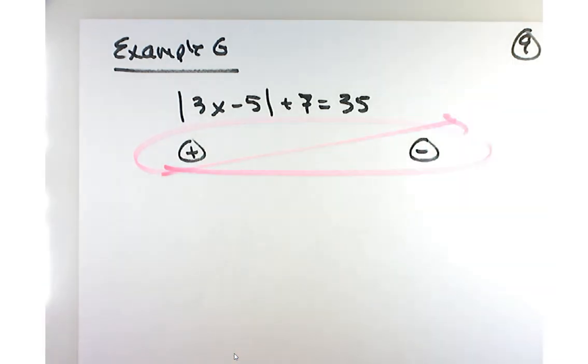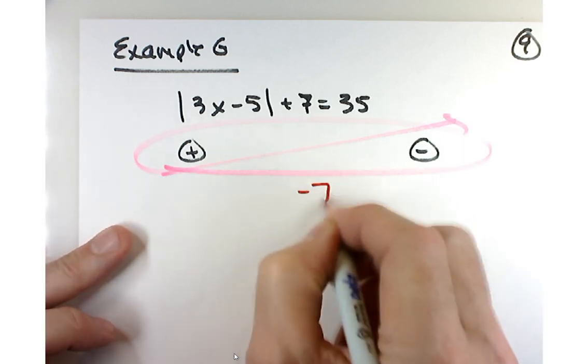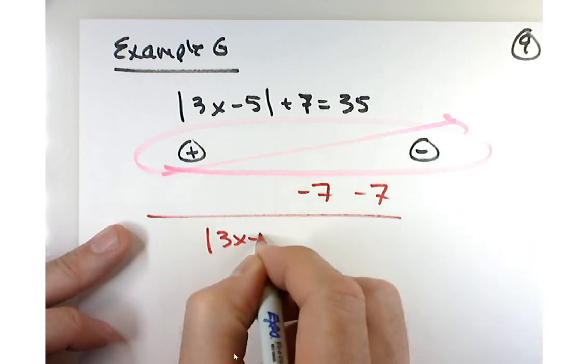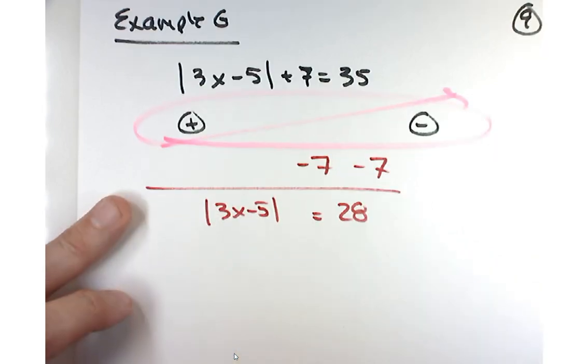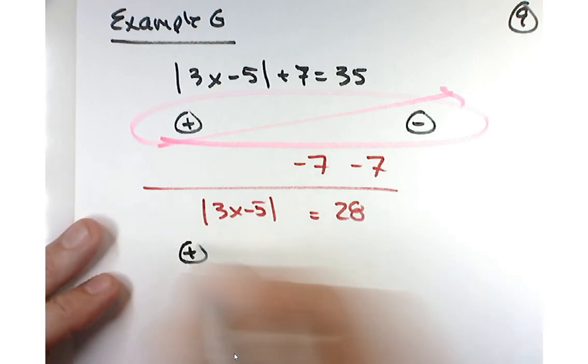So let's do that. And to do that, what do I need to do? Subtract the 7. Perfect. Subtract 7 from both sides. Absolute value of 3x minus 5 equals 28. Now you can set up your positive and negative case.